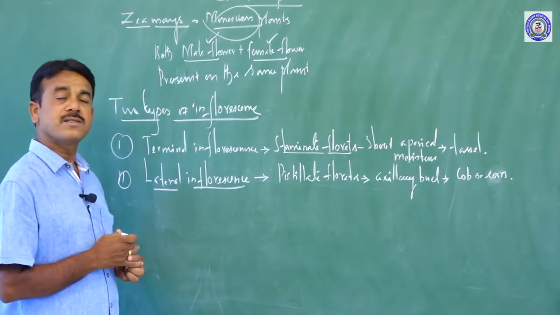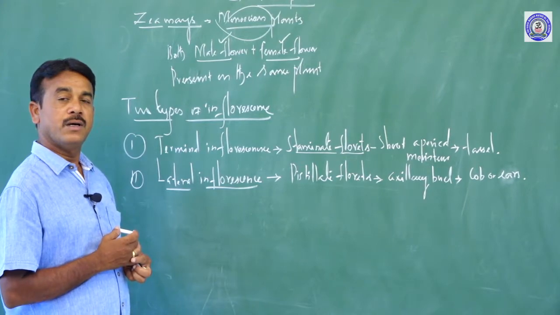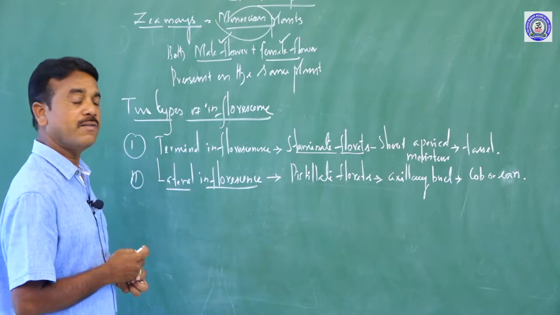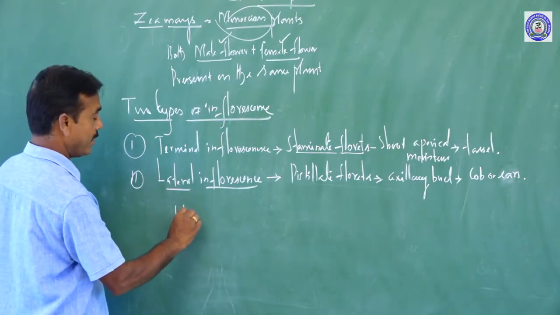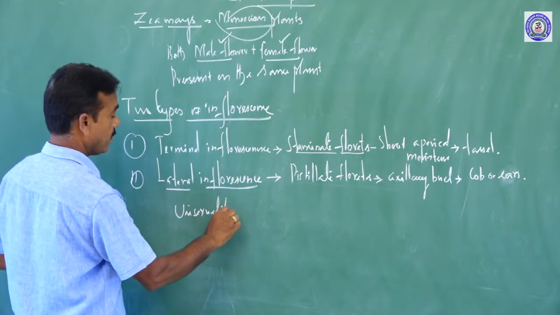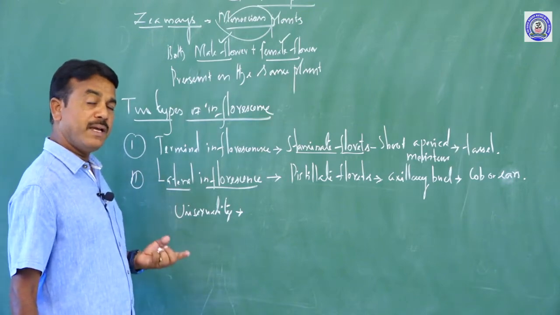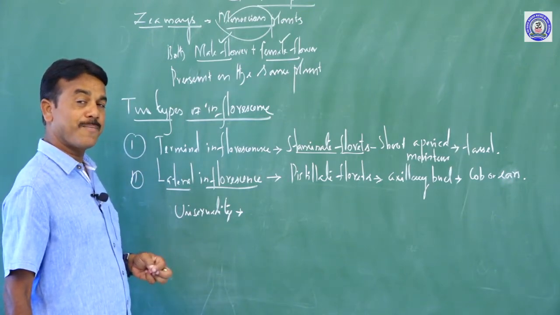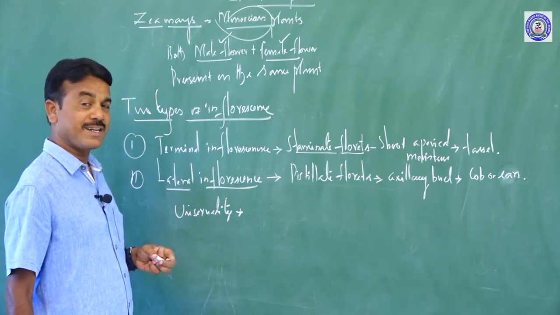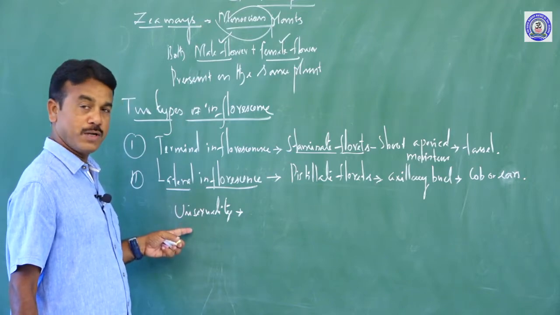In maize, which I have already said is monoecious, how does it maintain unisexuality? Both male and female sexes are there, but any one sex becomes sterile. That is why it maintains unisexuality.